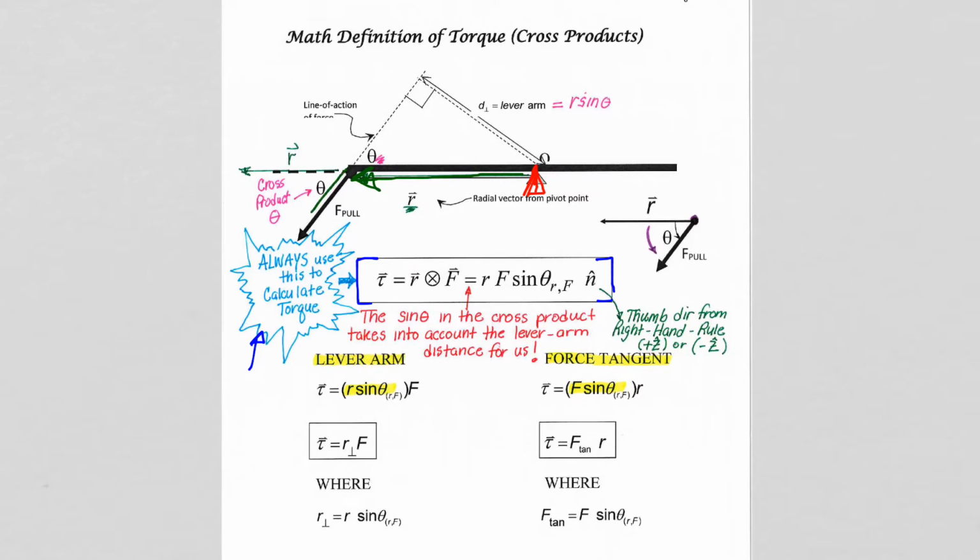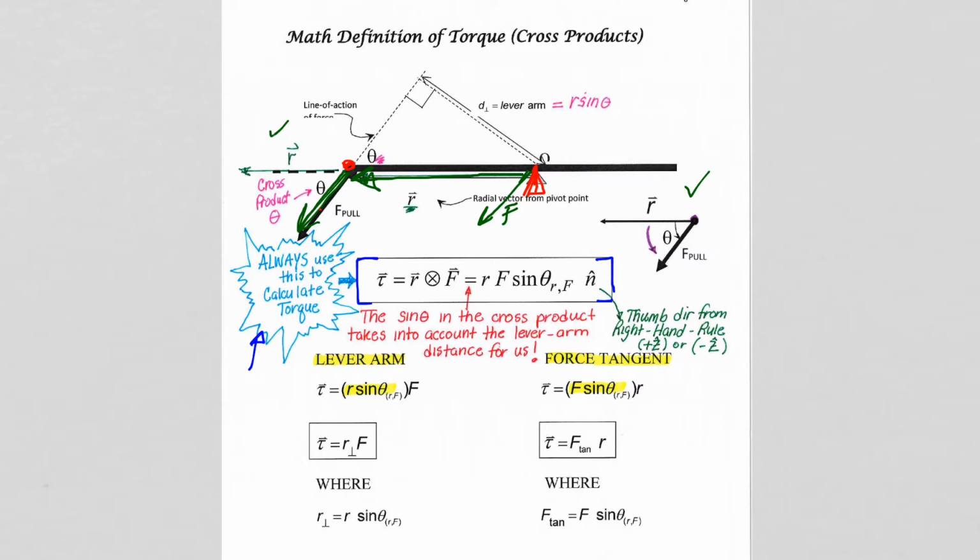So that's the force F. You are going to draw them from a common origin, as we always do for cross product, which generally means you're going to take the R vector and slide it forward to have your common origin here, or you can take the F vector and slide it backwards to have your common origin here. You get the same thing. So either way you do it, you draw them from a common origin. You do R cross F.